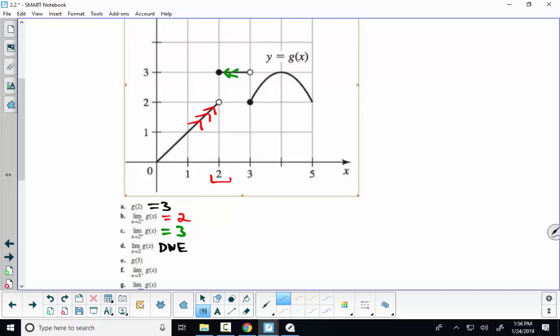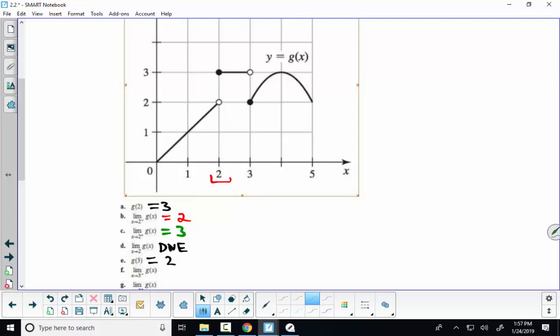How about g evaluated at 3? g evaluated at 3 is equal to 2. Okay, as x approaches 3 from the left, what's the limit? 3?